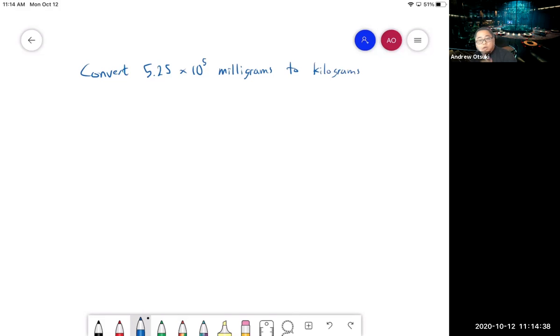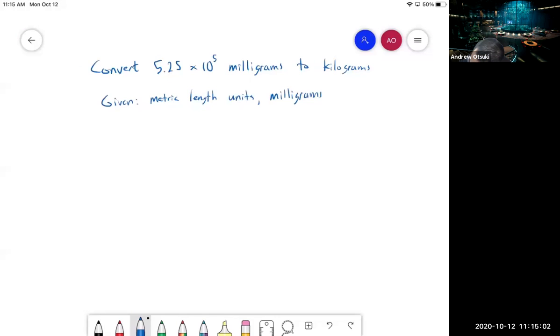Try these on your own, but now I'm going to talk about how to solve them. What we're given is metric length units, milligrams. And what's wanted is metric length units.